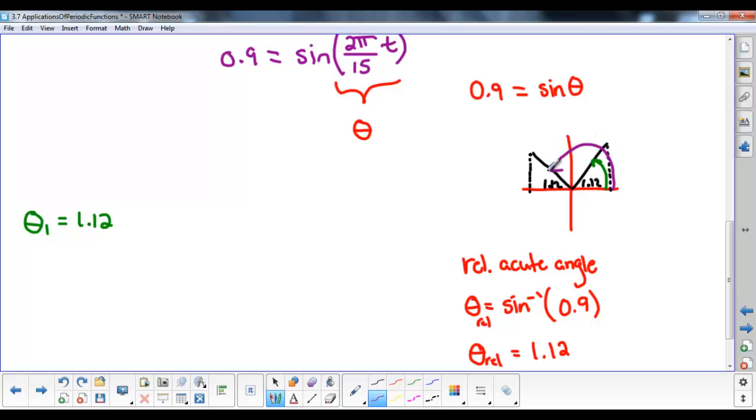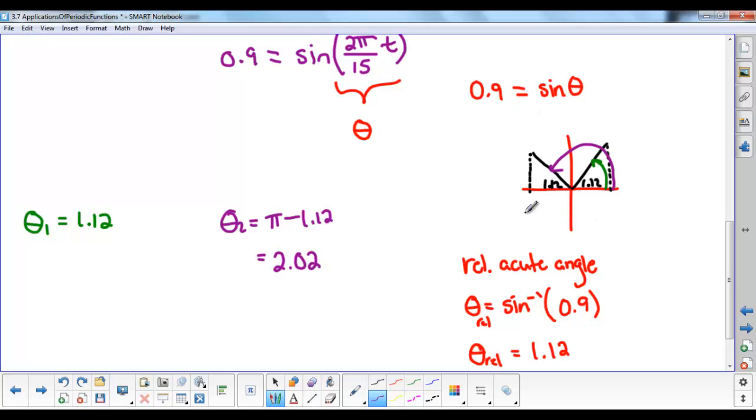The second answer comes from, again, starting in standard position and rotating until you hit the terminal arm. So to figure out theta 2, we need to do pi minus 1.12. So our second possible answer is 2.02. Okay, so we're done our side work now.